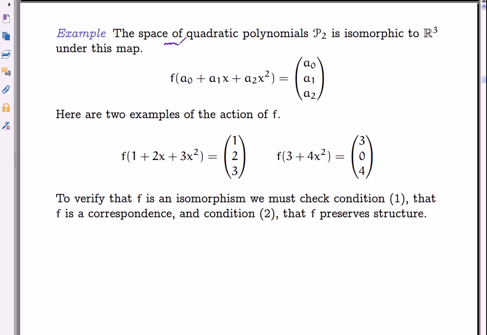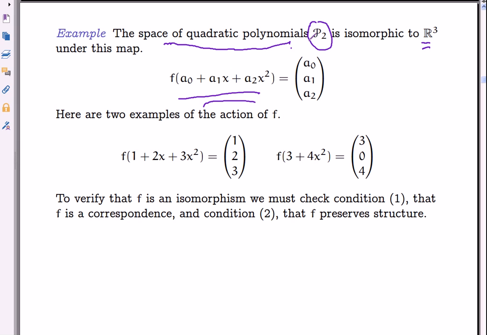All right, so here we have another example of an isomorphism that's up one notch from the previous example. If we take quadratic polynomials, P2, this is isomorphic to R3. And this isomorphism really works exactly the same way as the isomorphism between R2 and P1.